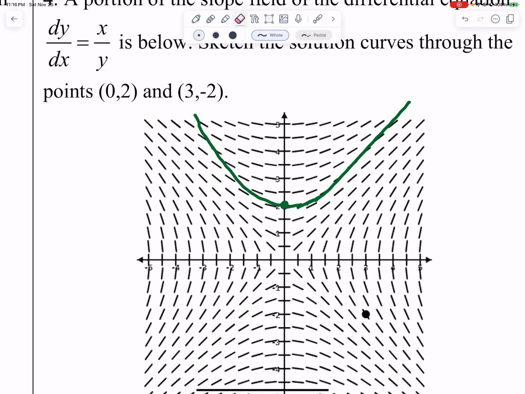And you'll get a general idea of where your asymptotes are. Essentially, here, you're just going to try to sketch it as close as possible in terms of your curve. So something like that would be your solution curve for the point at 0, 2.